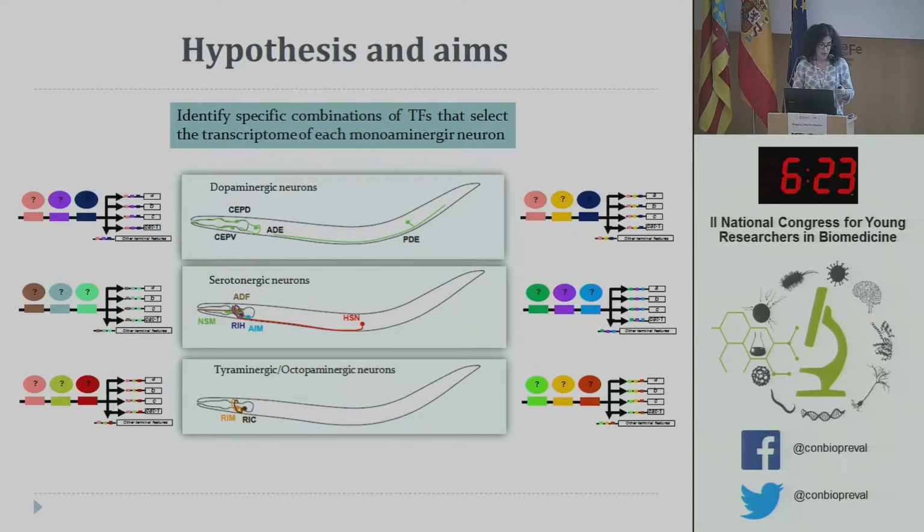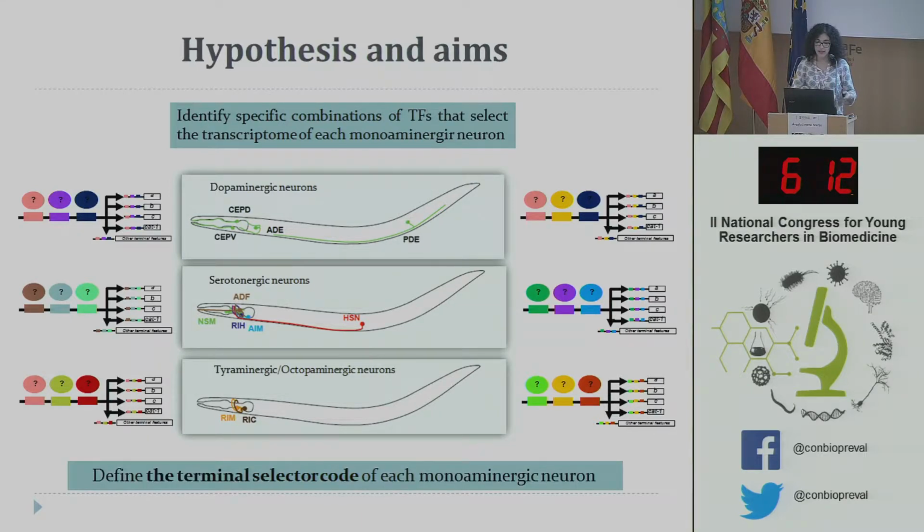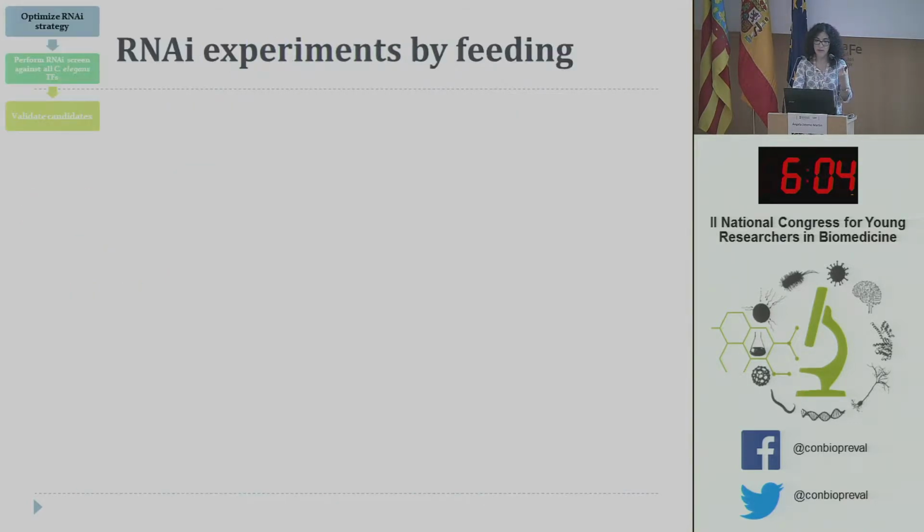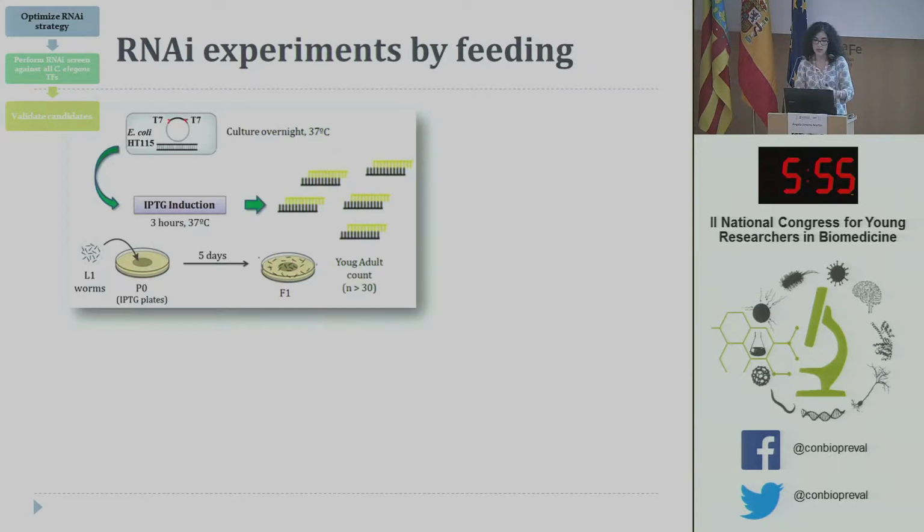And as you can see in the picture, if we call those combinations of transcription factors terminal selectors, by the role they are playing, we finally want to determine the terminal selector code of each monoaminergic neuron. So as was explained in a talk before, doing RNAi in C. elegans is very easy by feeding, because you feed the worms with bacteria that express the double-stranded RNA.